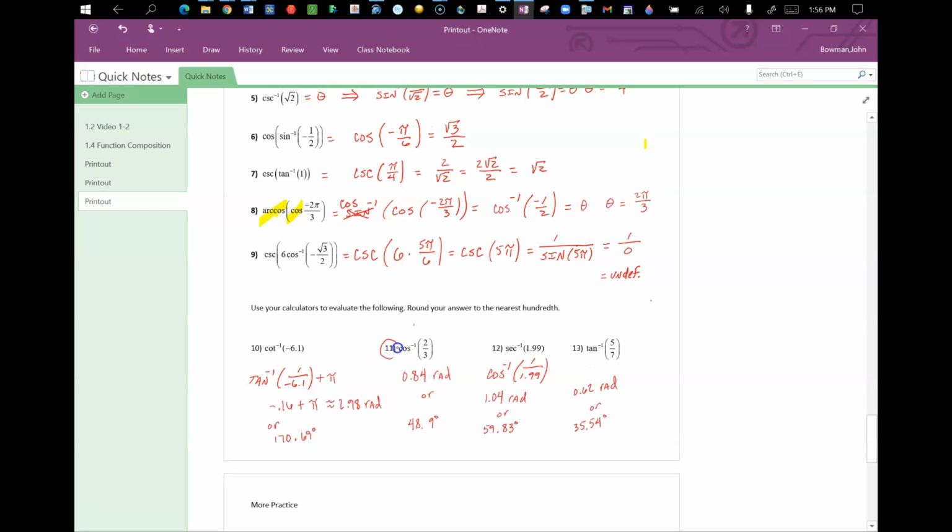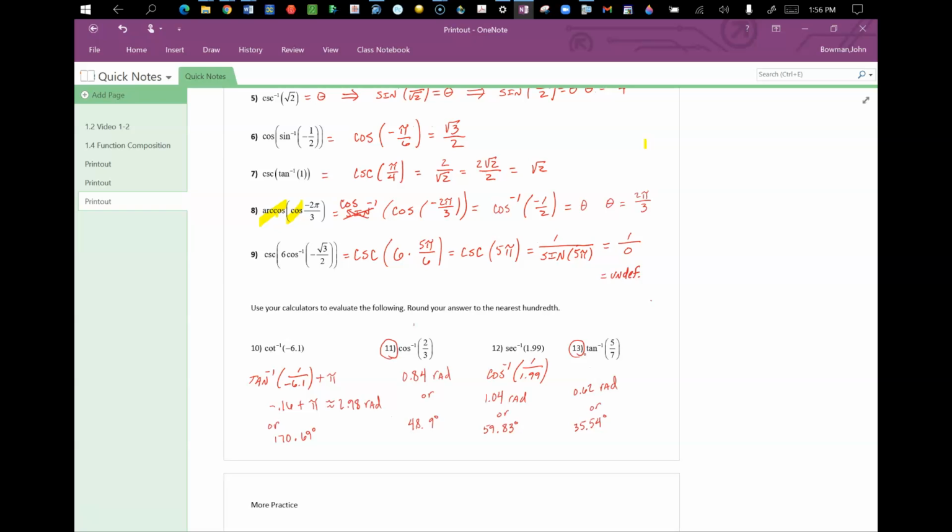So for number 11 and number 13, it's as simple as putting the calculator in the correct mode, radians or degrees, whatever you want your answer in, and hitting the inverse sine, inverse cosine, or inverse tangent button, and you can do that by hitting second and then the corresponding trig function. Plug in the number you're given, like in number 11, 2/3, and get out the answer in radians or degrees, and I would recommend you try those.